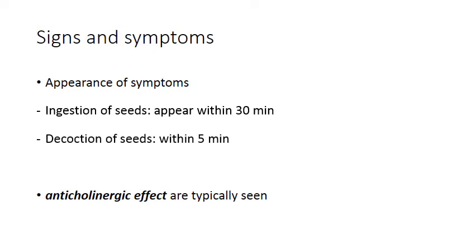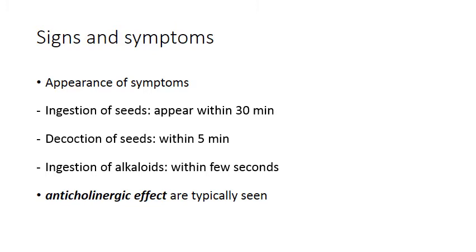Whereas if a person consumes a decoction of seeds, then signs and symptoms appear very quickly, that is within 5 minutes. But if an alkaloid is ingested directly, that is either atropine or hyoscyamine or hyoscine, or if it is injected, then the signs and symptoms appear within a few seconds.